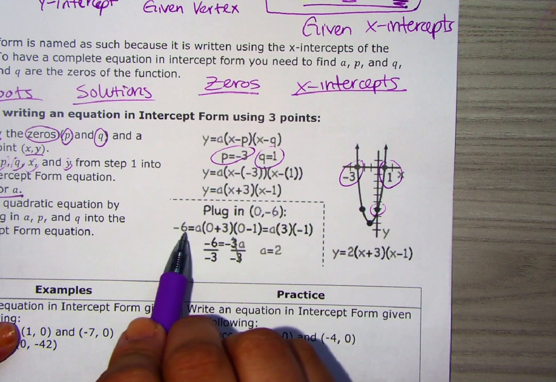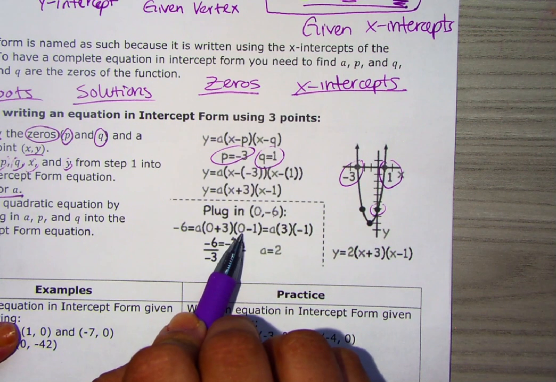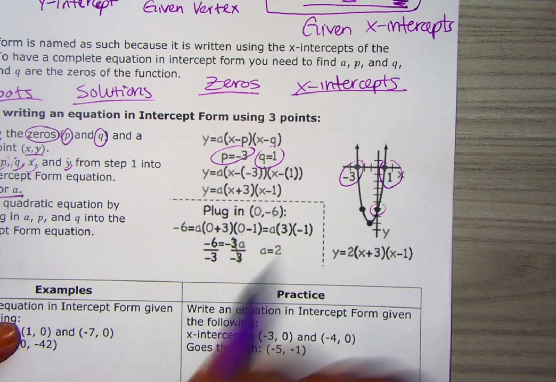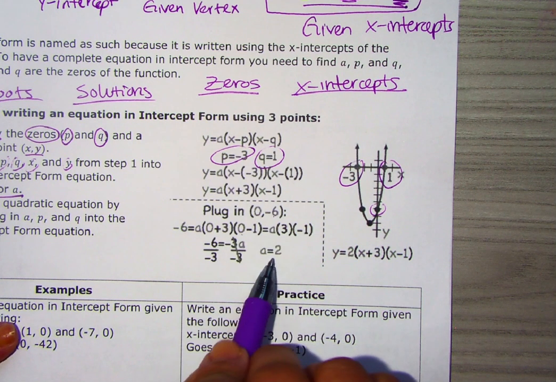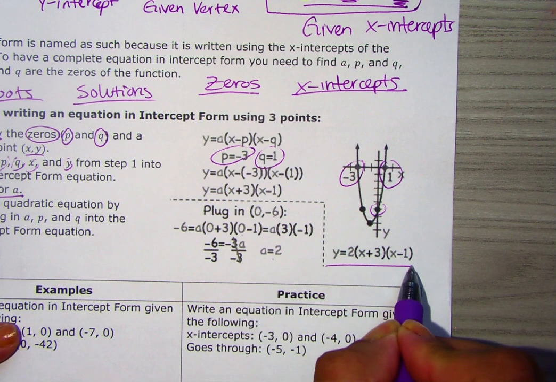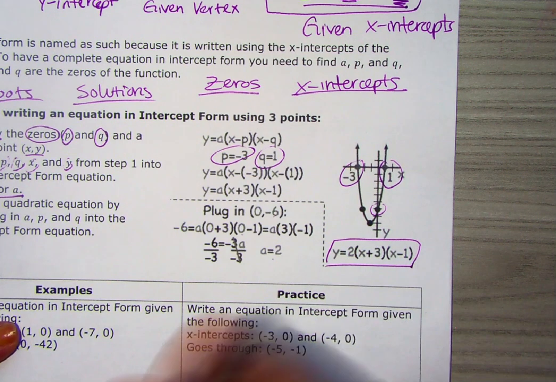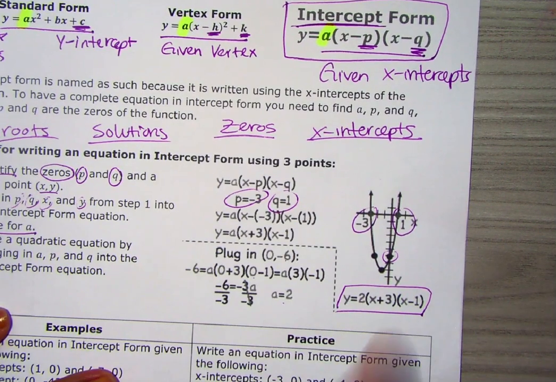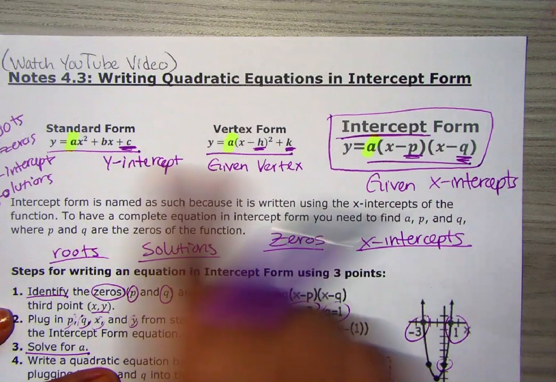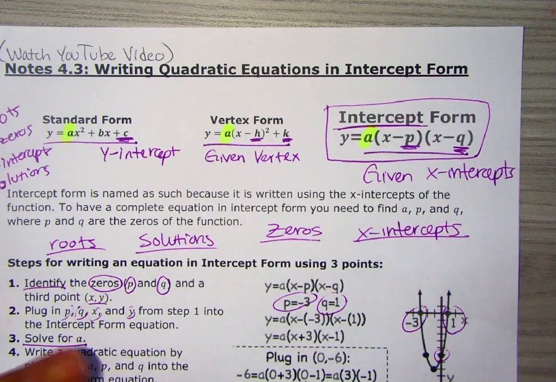So this is what it looks like. And then when they cleaned it up and simplified, they ended up finding the a value. Once the a value is found, you finalize your equation in intercept form. So this is very important to identify the three types of forms, because once again, just by looking at them, you can identify these attributes based on the form you are given.